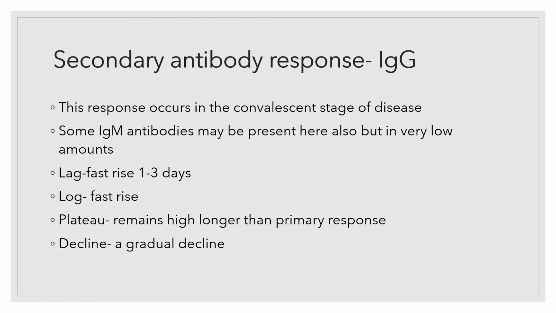The lag phase is short, and the rise is 1 to 3 days later, and it's actually faster than that of the primary response generally. In the log phase, you'll see a fast rise. The plateau phase remains high longer than in a primary response, and then you'll see a gradual decline of IgG as the patient starts to get better.